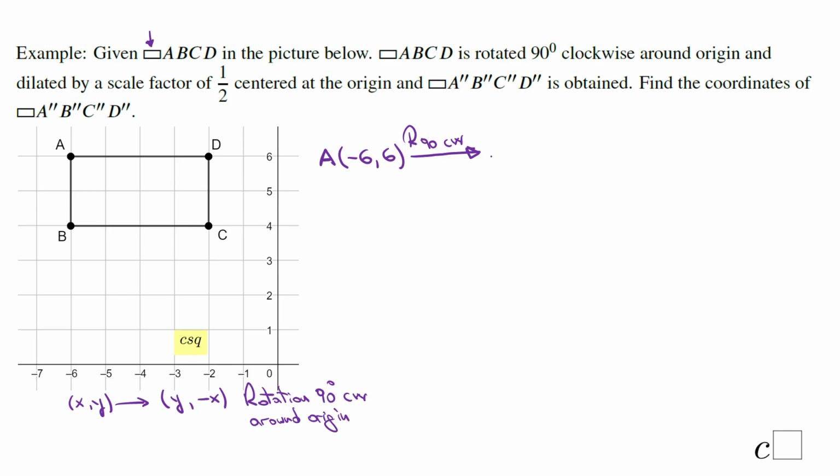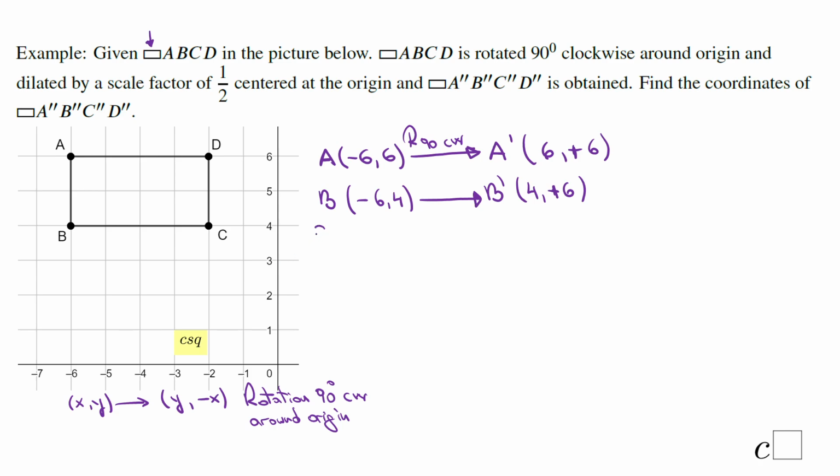So A prime, which is point A rotated 90 degrees clockwise, will be what? Switch x and y, and change the sign for x, so make it positive. It's the same for B. B is (-6, 4). The same rotation. B prime will be what? Switch 4 and -6 and change the sign.